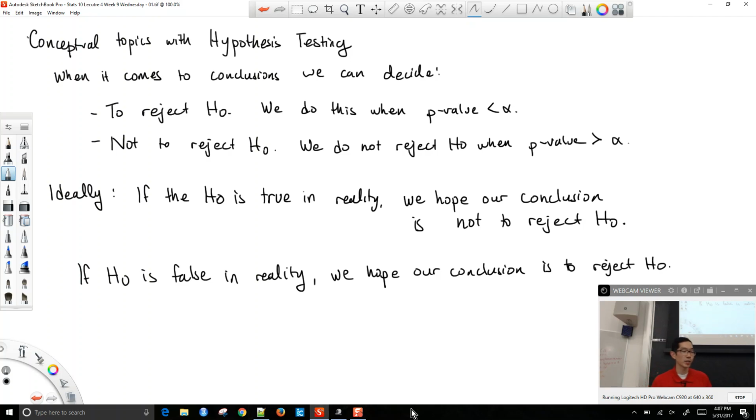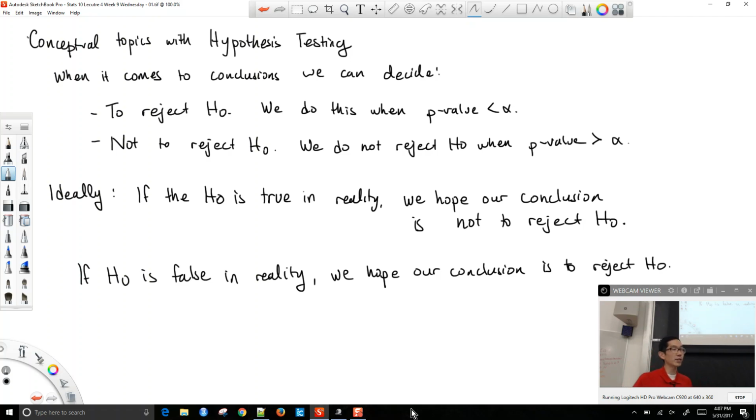Okay, so if the statement asserted in the null hypothesis is true, so for example, let's say the null hypothesis says that the bucket of M&Ms has 17% green. Okay, and if that's actually true, we hope our conclusion will be we have no evidence to say that the bucket is not 17% green, so we don't reject that.